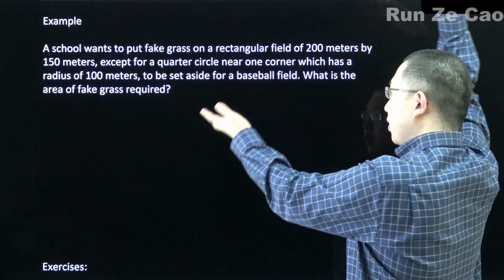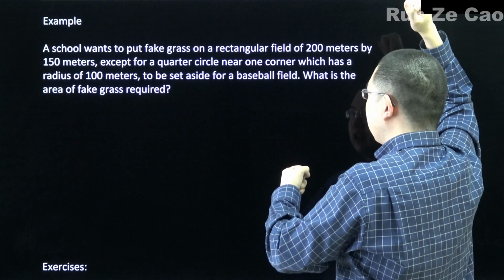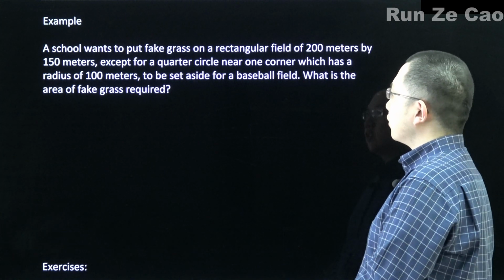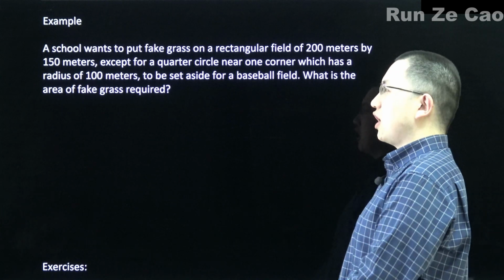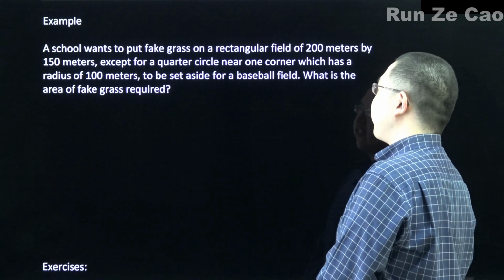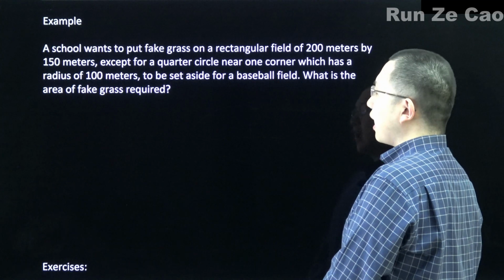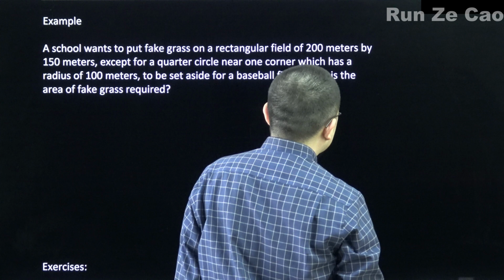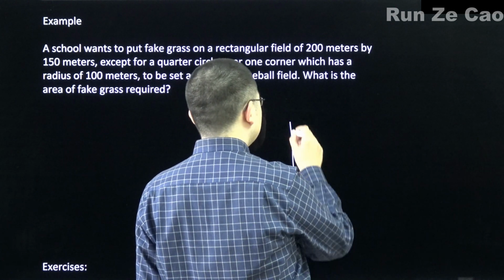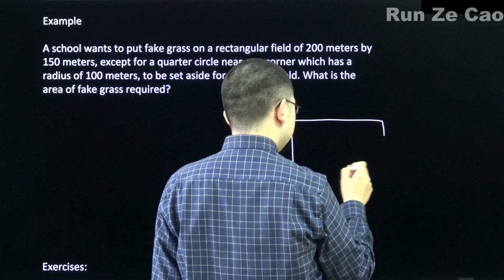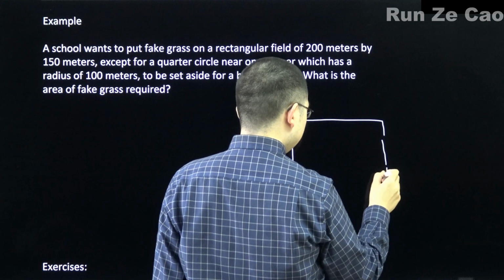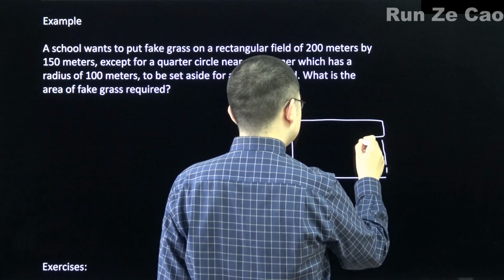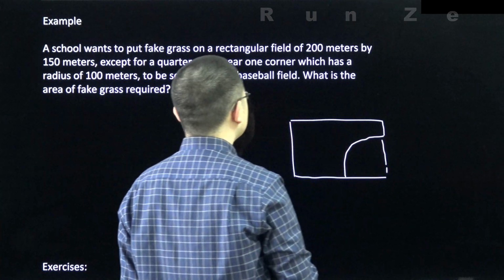So let's say a school wants to put fake grass on a rectangular field of 200 meters by 150 meters, except for a quarter circle near one corner which has a radius of 100 meters to be set aside for a baseball field. What is the area of fake grass required? Well, we can draw ourselves a little diagram. That part is kind of there, but it's been cut out, really.